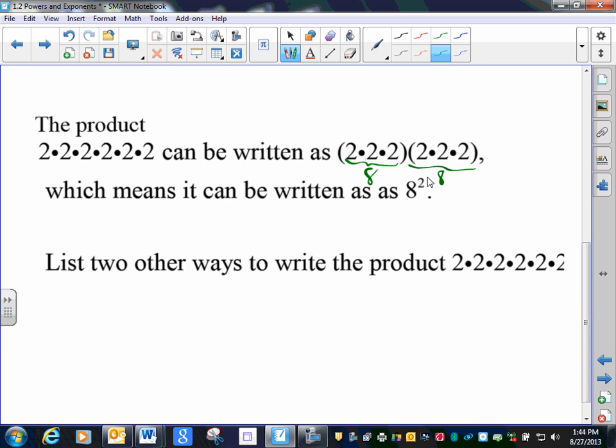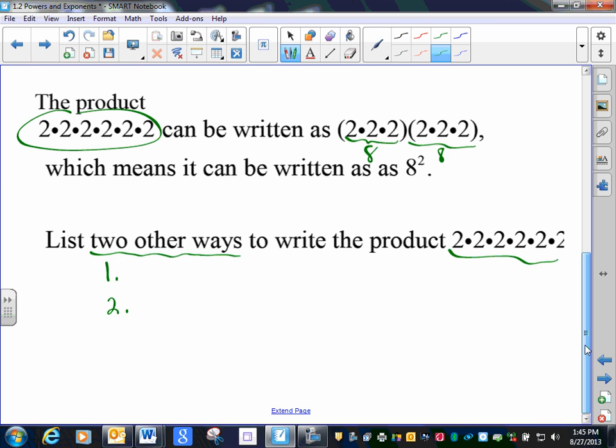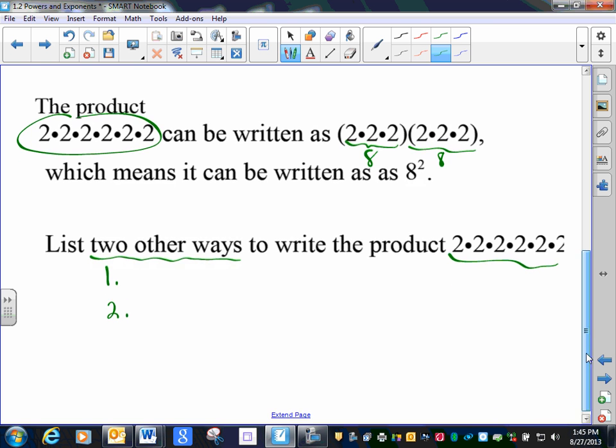So that's one way to write 6 2's, 8 squared. Can you think of 2 other ways to write this same product, these 6 2's, as a power with an exponent? 2 other ways. 1, 2. And that's for you to do and to bring to class.